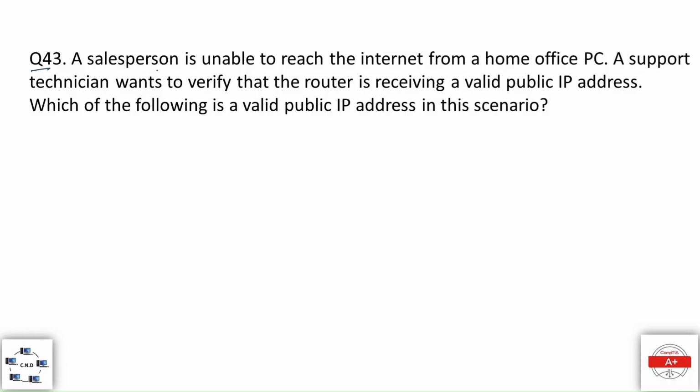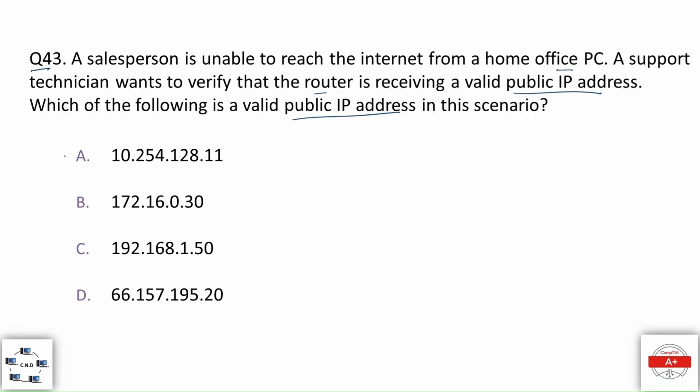Question number 43. A salesperson is unable to reach the internet from a home office PC. A support technician wants to verify that the router is receiving a valid public IP address. Which of the following is a valid public IP address in this scenario?